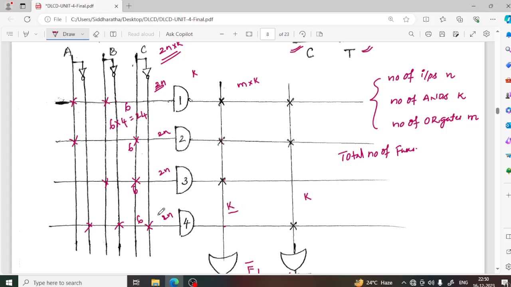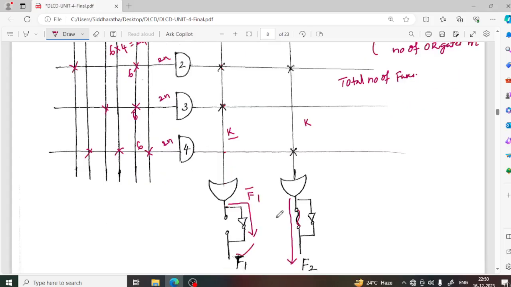So total how many fuses are there? K AND gates are there, so K electrical fuses are available for every OR gate. So here how many OR gates are there? M OR gates are there. So the total number of fuses is M into K. Here how many fuses are there at the output? Here 1, here 1. That means every OR gate has 1 fuse at the output.